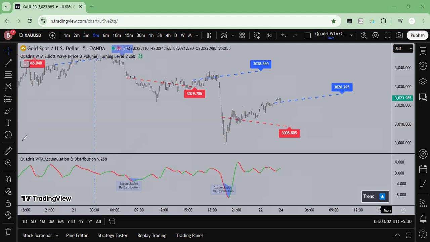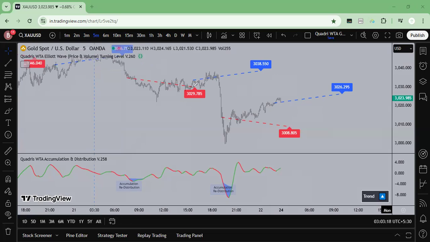I'm a Wyckoff expert, and I also made Elliott wave. I applied the Elliott wave principle in such a way that it can give us the key market turning levels.